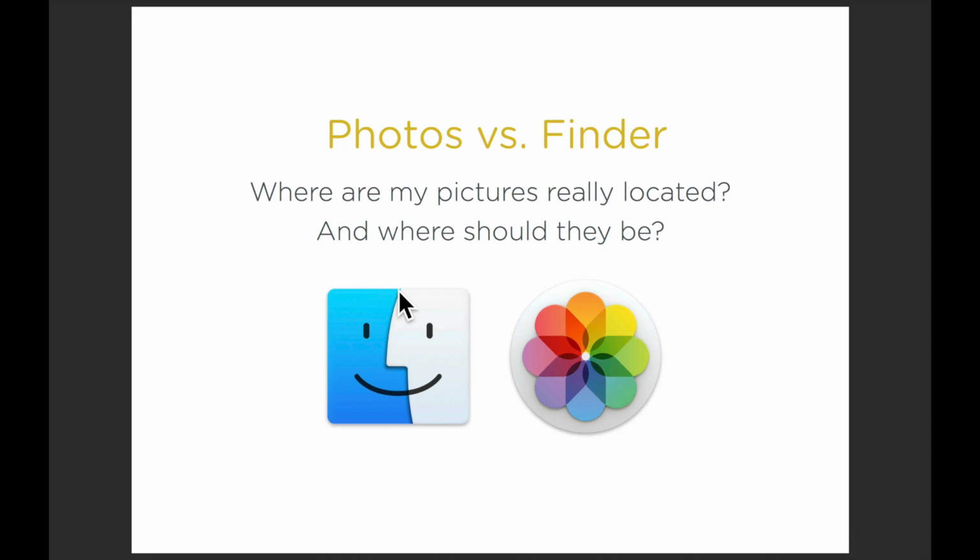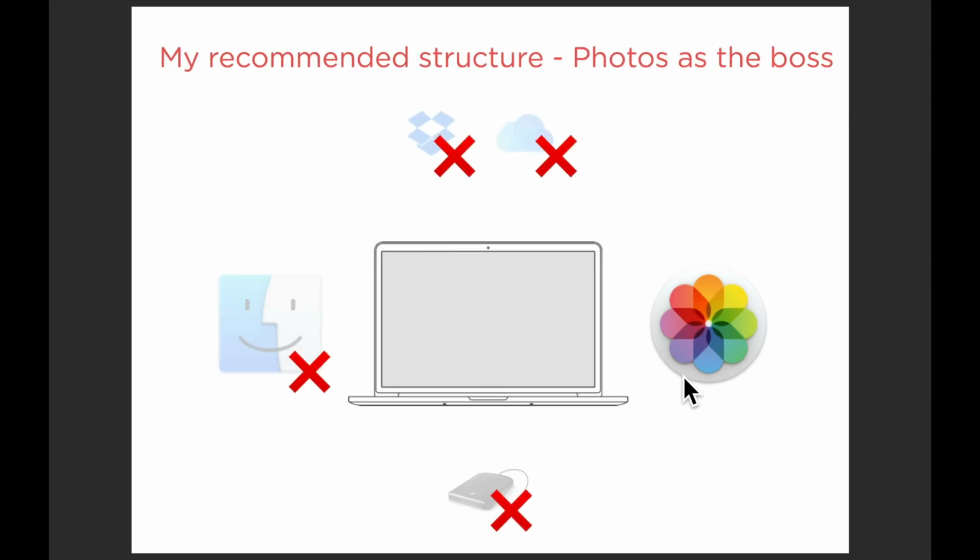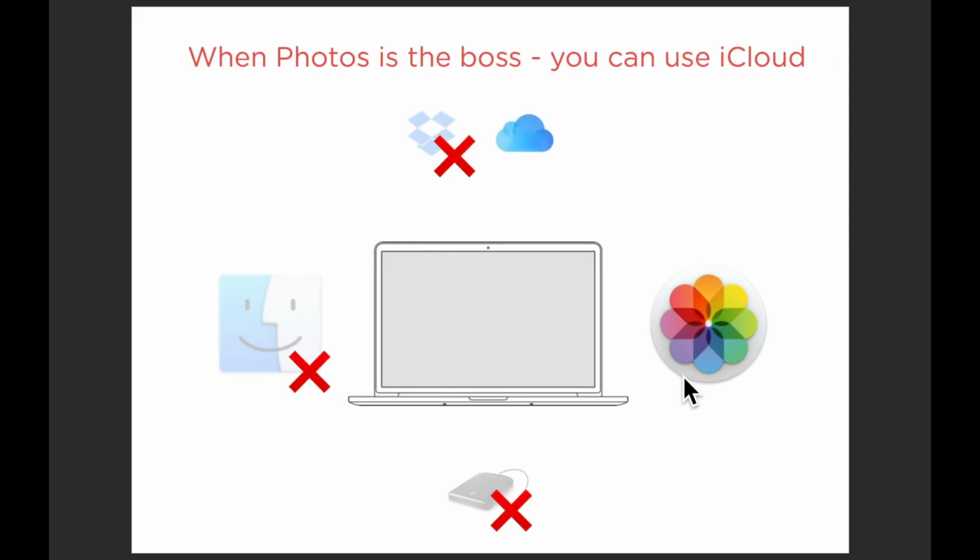It's not really a good way of having your photos in Finder and then in iCloud at the same time. So in order to use iCloud, which most people would want to do, then we have to use Photos. Okay, so your pictures are many places, and my recommendation is that you should use Photos as the boss. And when you use Photos as the boss, you can use iCloud.